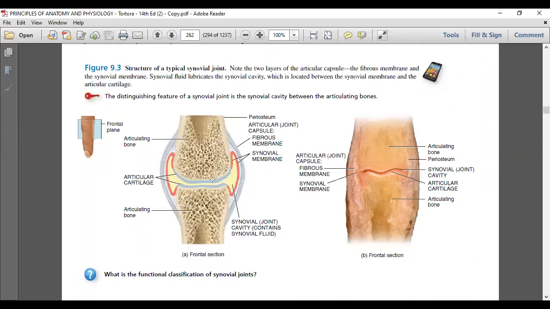You can see it in the frontal section. In a diagrammatic view it will be like this. That's irregular dense fibrous connective tissue from one periosteum to the other periosteum, and the red line is the synovial membrane, and that little layer is the articular cartilage, and the yellow portion is the synovial fluid.